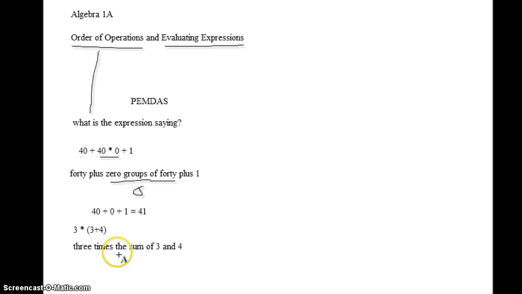You're not timesing the 3 twice and then adding the 4 at the end. You could do that, but that would be different. That would look like 3 times 3, plus 4. Those are the differences between those two.